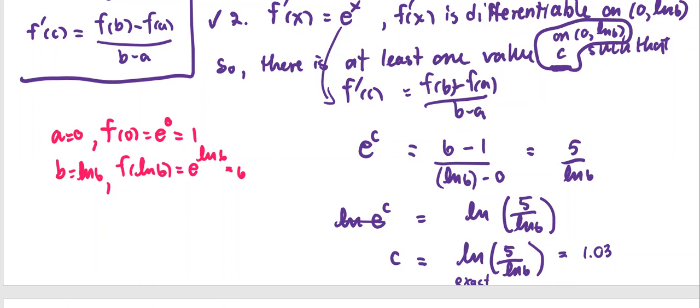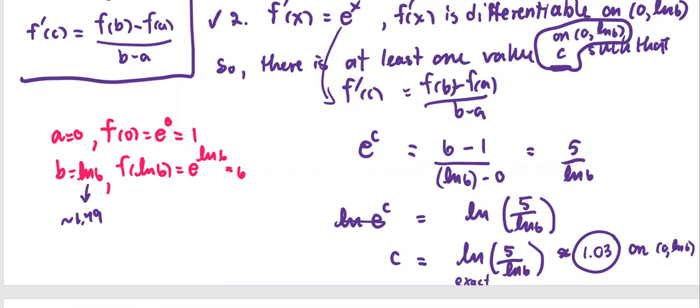So if you keep two decimal places, it's about 1.03. And then check again, is 1.03 on the interval 0, natural log 6? Yes, it is. If you want to verify more, what is the value of natural log 6? It's about 1.79. So 1.03 is less than 1.79. So we keep this number.